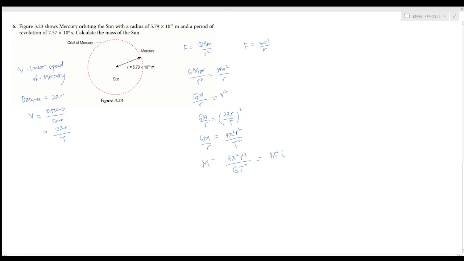The radius is given, cubed. G, the gravitational constant, and the period is given also, squared. So now we can calculate the value. This is the mass of the Sun. The unit is kg in SI unit.